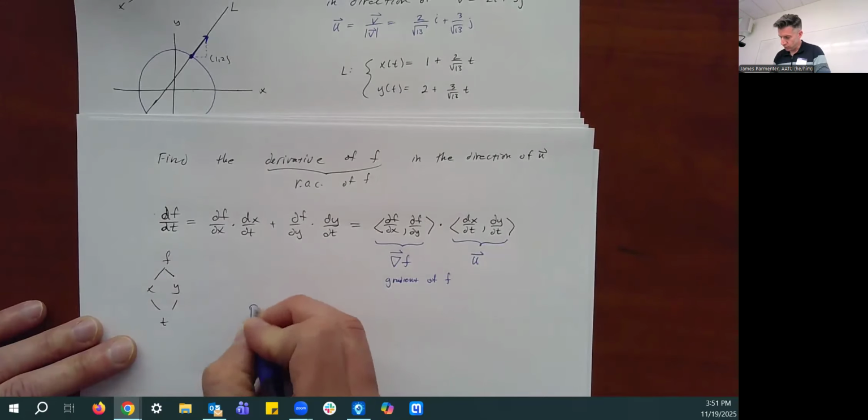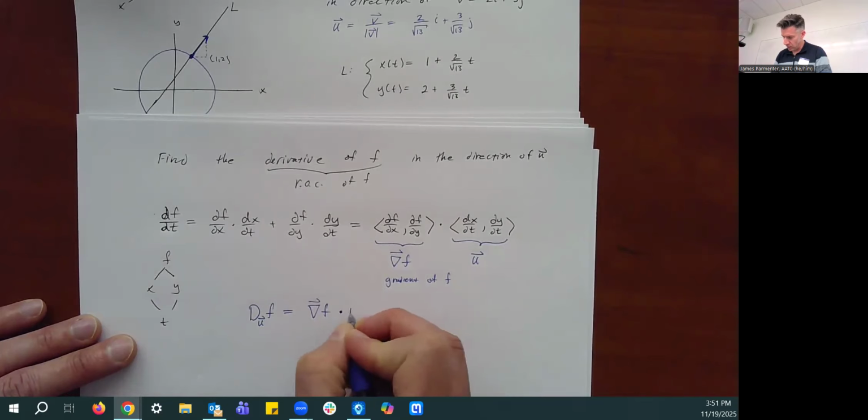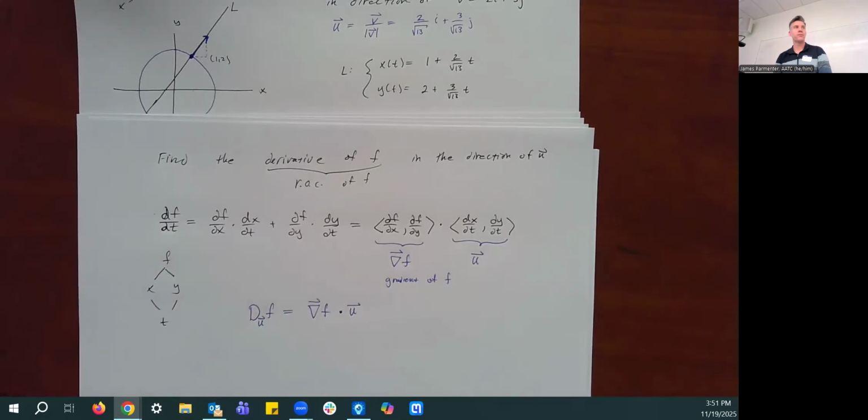The directional derivative of f in the direction of u is equal to the gradient of f dotted with the unit vector in your direction. It's kind of cool. It's not hard to calculate at all, which is great. I mean, sometimes it's kind of hard, but it's not that bad.